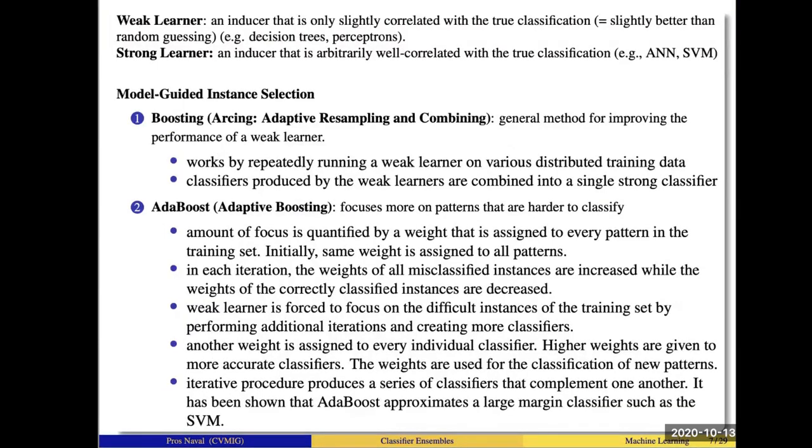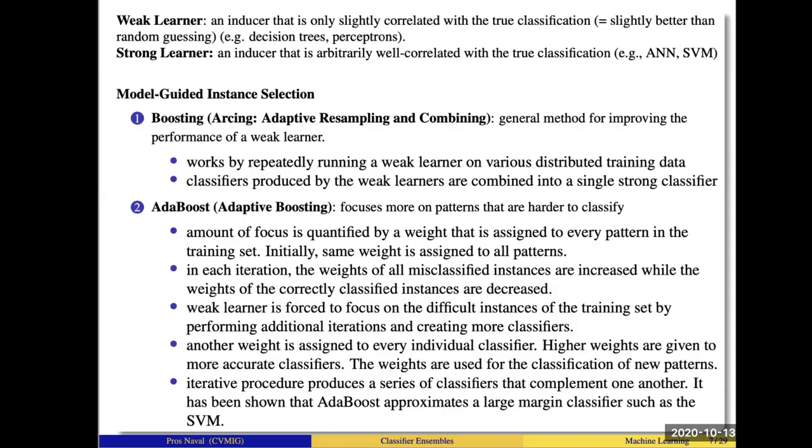Now, some more terminology. Weak learner. What is a weak learner? A weak learner is an inducer that is only slightly correlated with the true classification. When we say slightly correlated with true classification, this basically means that it is slightly better than random guessing. We're talking here about a binary classification, 0 or 1.